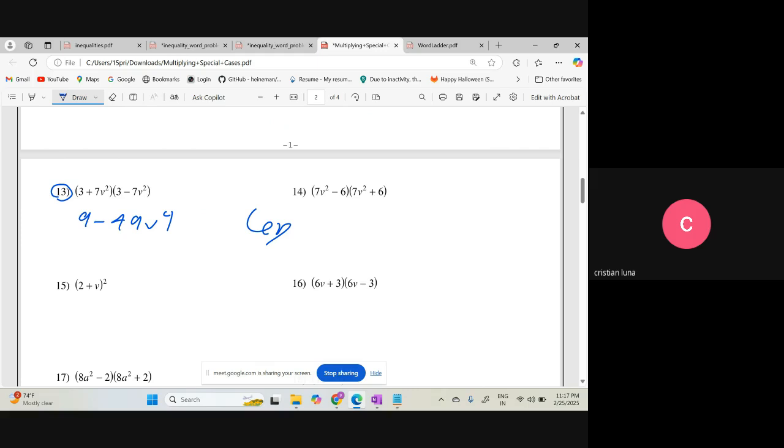That's both. Okay, good. Negative 7, I mean, not negative 6.